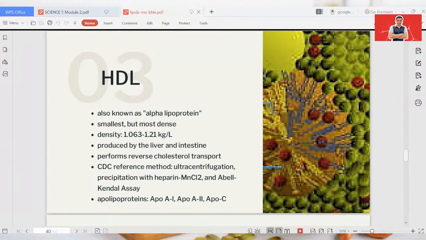For its reference range, we did not put it here because we want everyone to search for it and please comment it down.